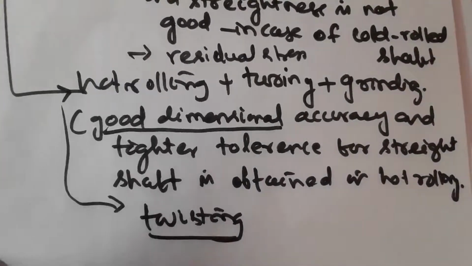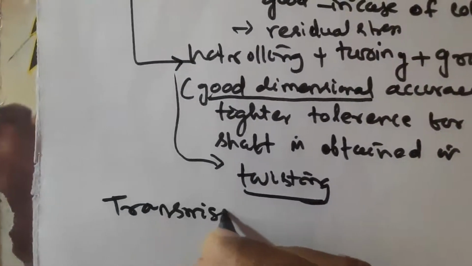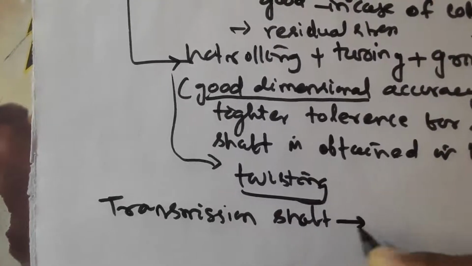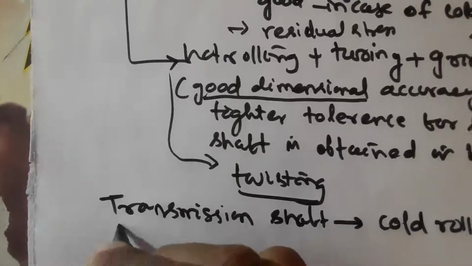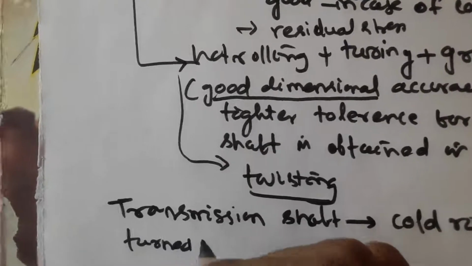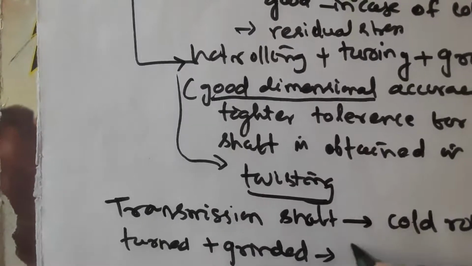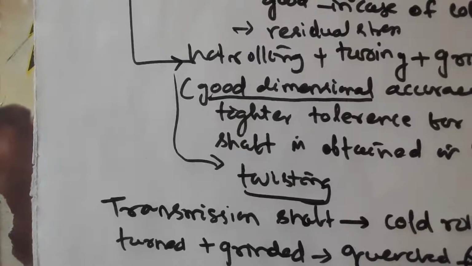So the transmission shafts are cold rolled, then turned, then ground, then quenched or heat treated.